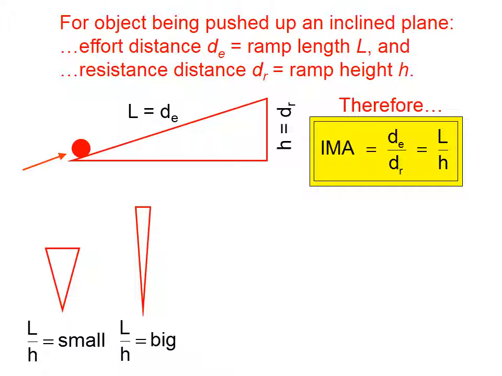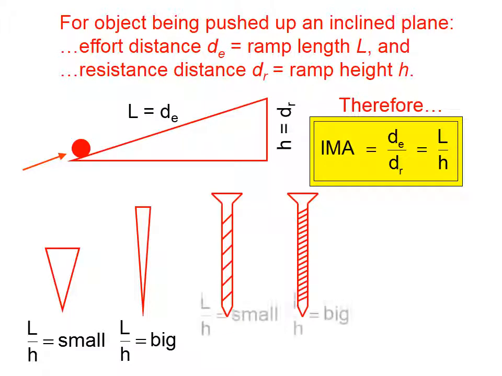You can think of driving each of these wedges into a stump of wood. If we're splitting wood, wouldn't it be much easier to drive in the wedge on the right? The drawback to that is we have to drive that wedge in much farther in order to get the same amount of splitting of the wood.